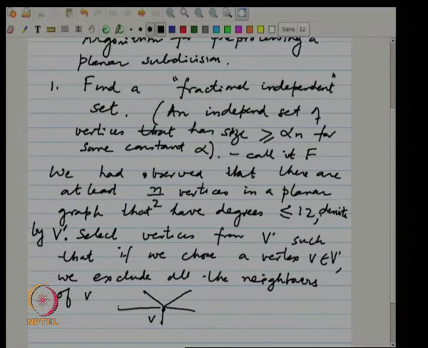If we select V in the fractional independent set, we exclude all the neighbors of V, which means that any other neighbor cannot be in the independent set by definition. So that is what we do.